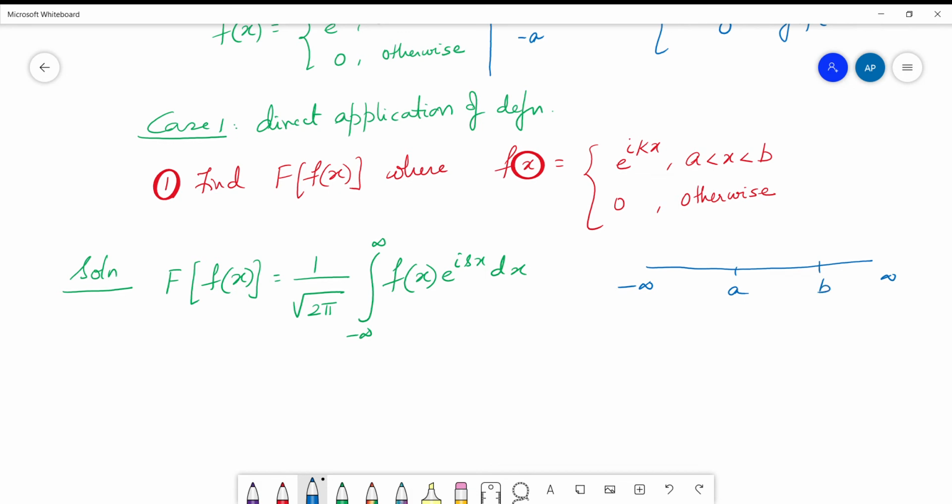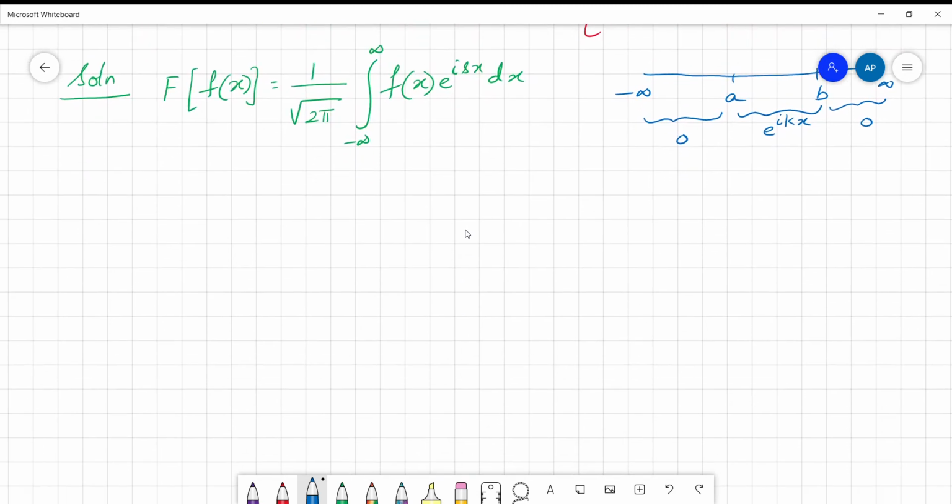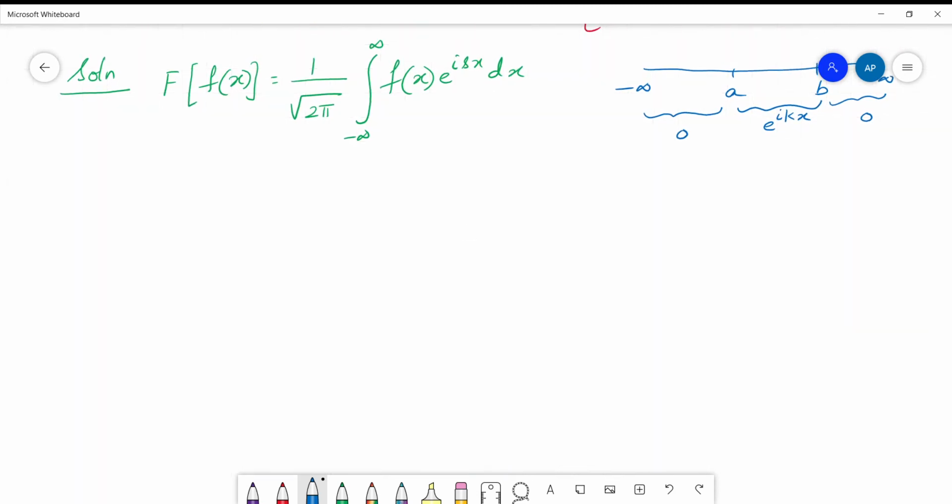And between a and b, we are given the function e power ikx. So otherwise meaning minus infinity to a and b to infinity. That's what otherwise means. So here it is 0, here it is 0. So that gives me a hint that the integral minus infinity to infinity is to be split into three integrals.